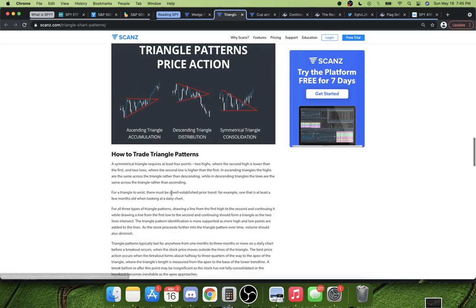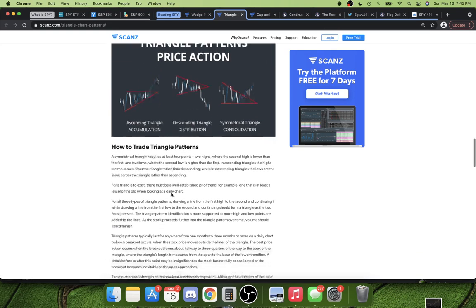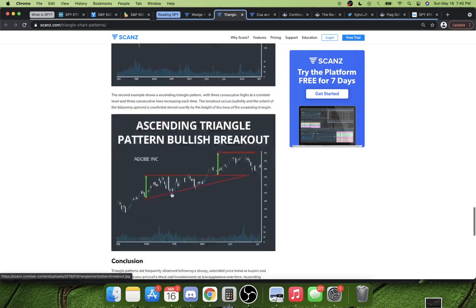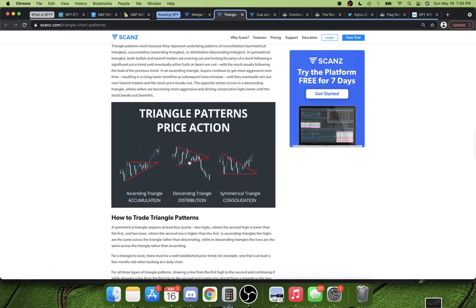Okay, and then you have the symmetrical triangle, which looks a lot like a pennant. It can go either way. This one's more balanced than either ascending or descending, so I like to think this one can go either way a lot of the time.